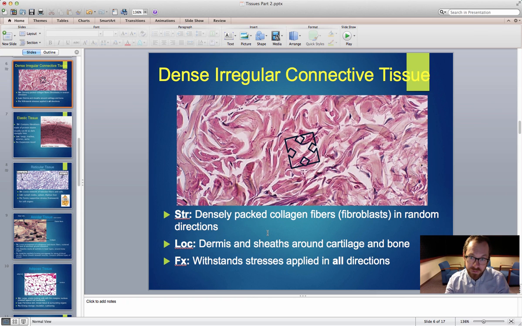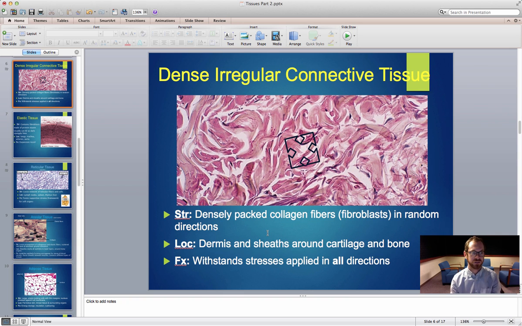Well, that comes with a trade-off, of course. If we had dense irregular connective tissue in our knees at our ACL, we likely wouldn't be able to stand up straight because just the weight of our body would tilt us over. We wouldn't have the same strength in our knee joint if we had dense irregular connective tissue instead of dense regular connective tissue.